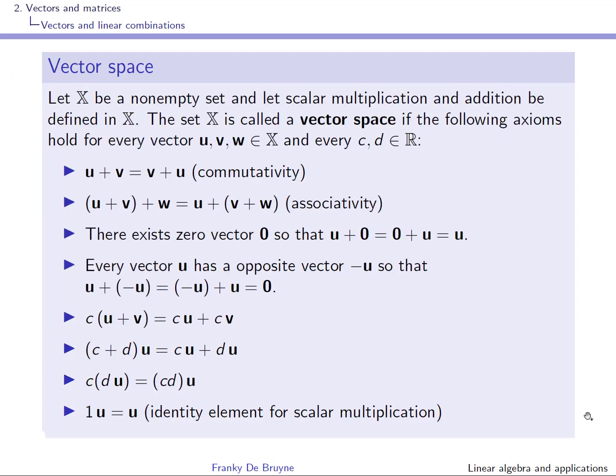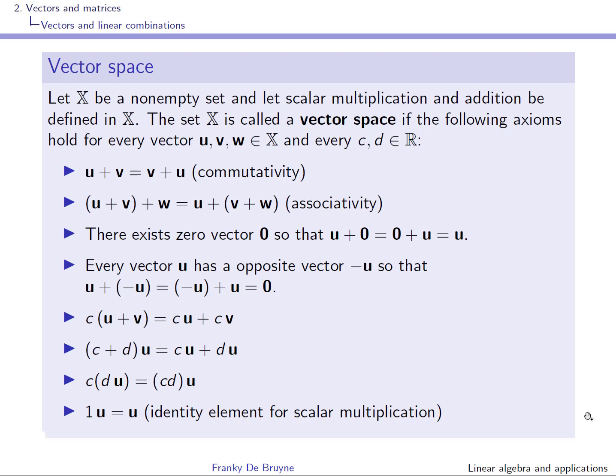A non-empty set on which addition is defined and scalar multiplication is defined is called a vector space if the following properties hold for every vector u, v, and w, and for every scalar c and d, which are reals.